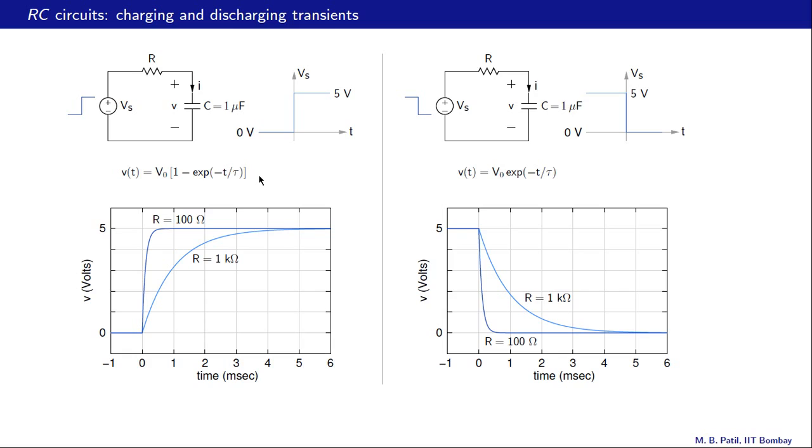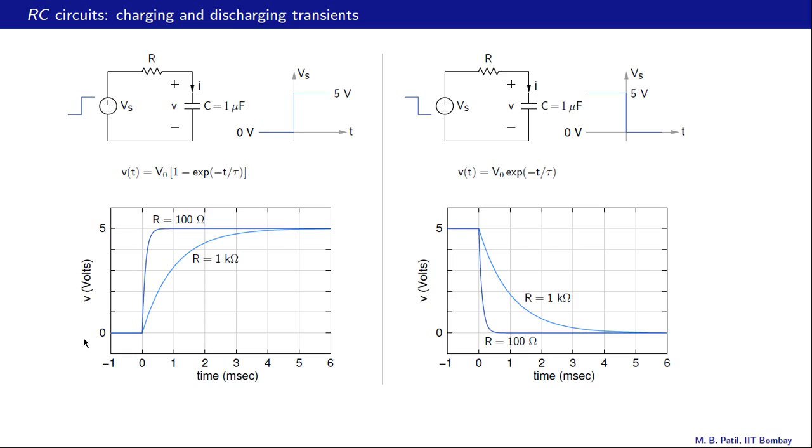Now with r equal to 1k, the time constant is 1k times 1 micro, that is 1 millisecond, and in about 5 time constants, that is in 5 milliseconds, we expect the capacitor voltage transient to vanish and a steady state to be established.